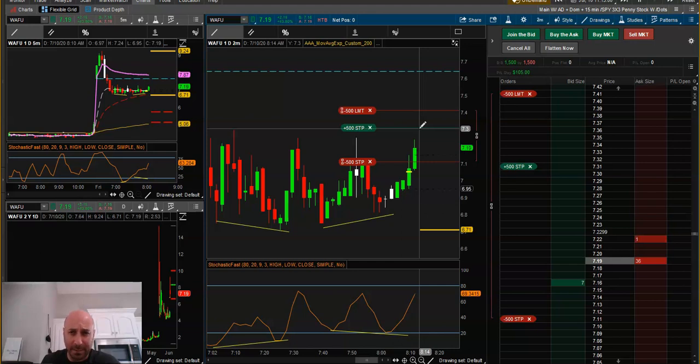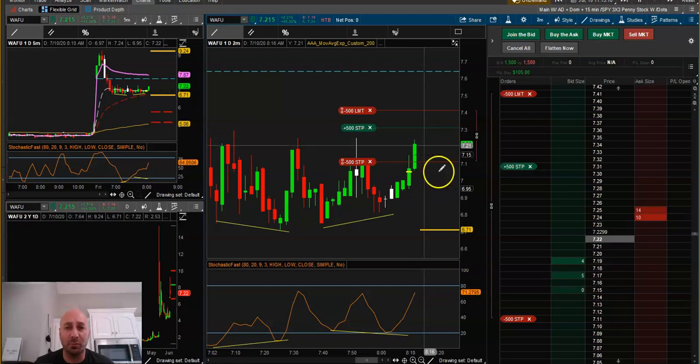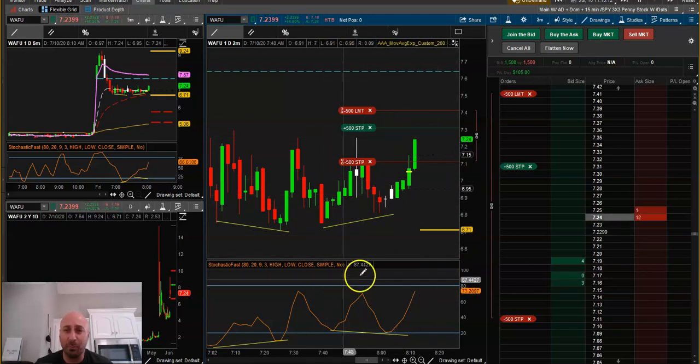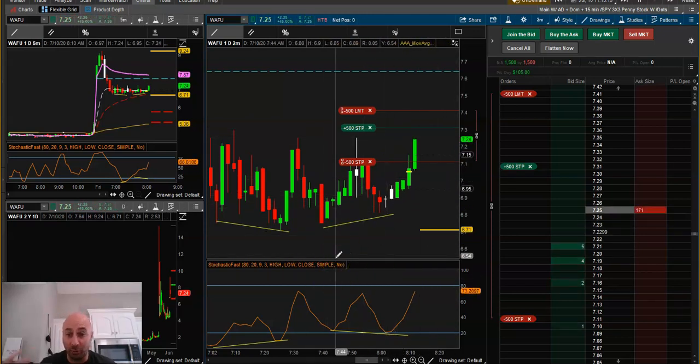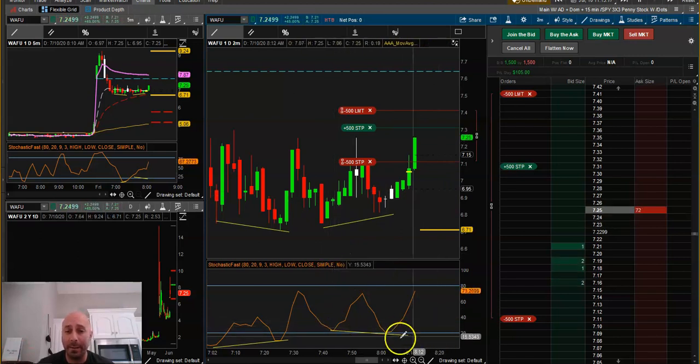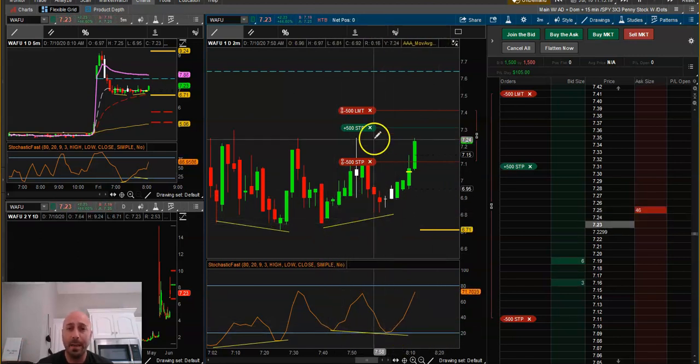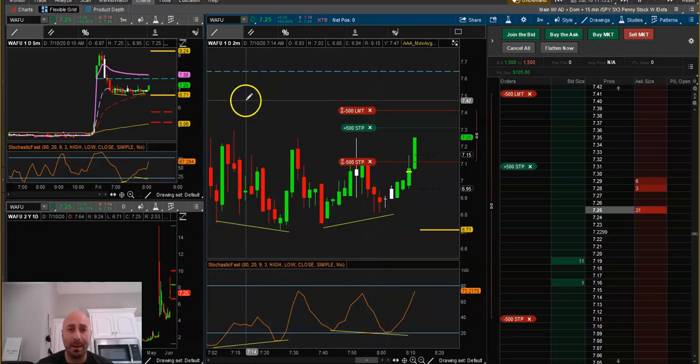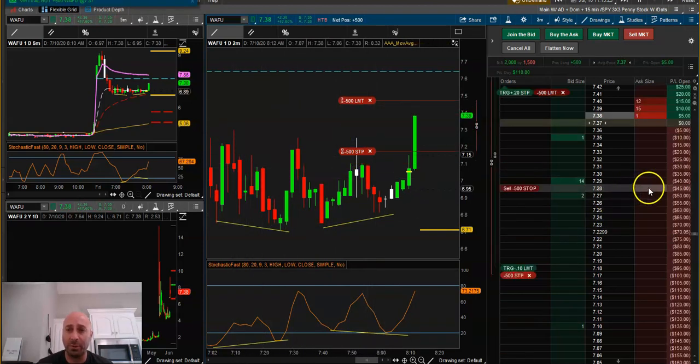If I remember correctly, I did get a couple cents of slippage on this, just because it moves so quick, and that's part of trading these penny momentum stocks, right? But again, this is more for illustration, just so you could see how a hidden divergence with a breakout of a bunch of price action moves.